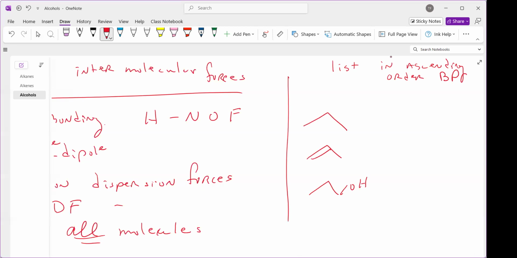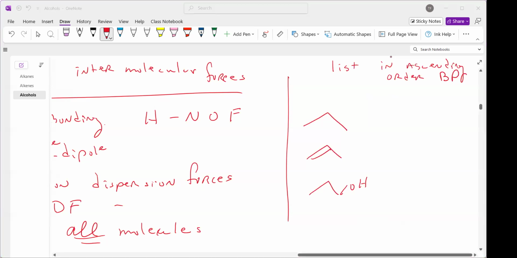Okay, the top one is an alkane. That's propane. Propane does not have any strong dipole, and no oxygen around. Oxygen is the key, by the way. Whenever oxygen's around, red flag. Look at if there's an OH there or no OH. Okay? Alkanes, no oxygen. Propanol, oxygen.